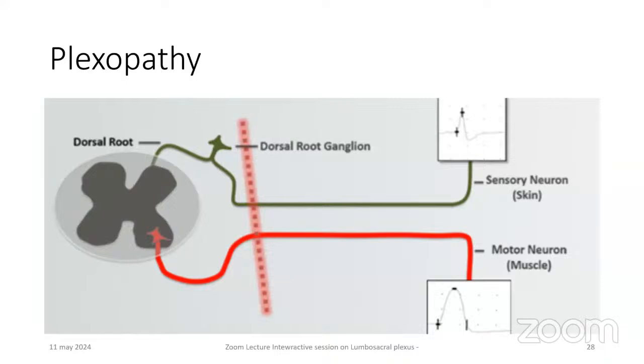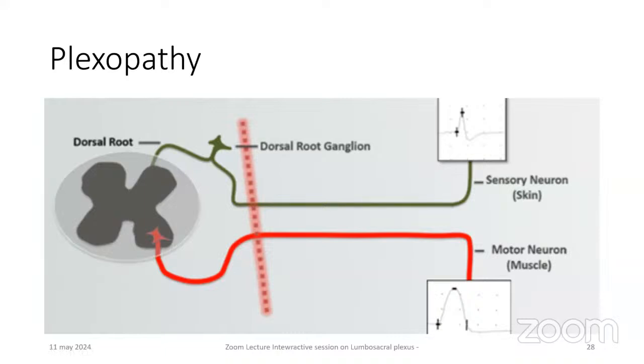The plexopathy, on the other hand, will be distal to the dorsal root ganglion, as you can see. So here, initially SNAP may be preserved. Subsequently, SNAP is not seen. It gets affected. The sensory nerve action potential loses its height, as you can see, and the CMAP may remain preserved for some time.